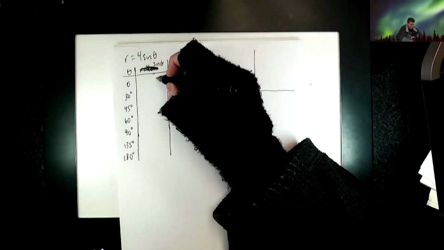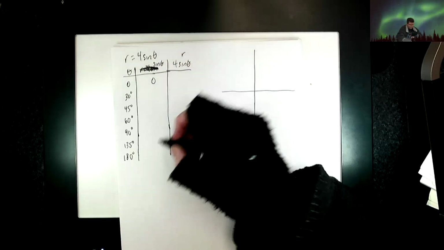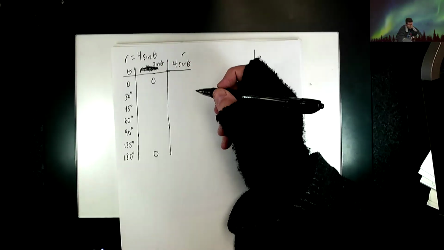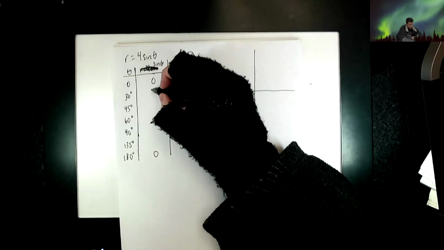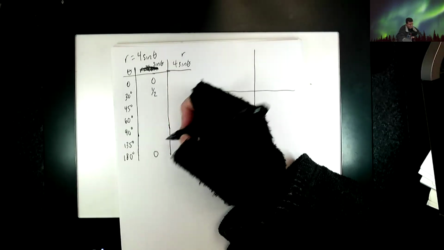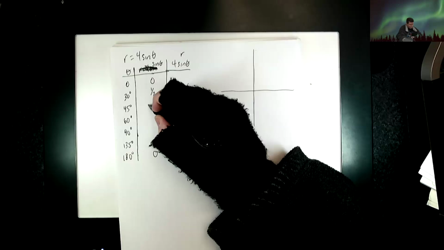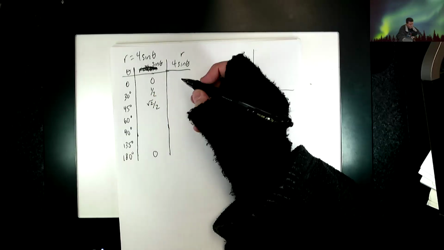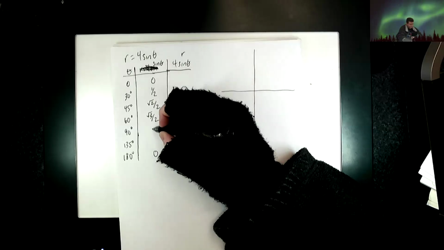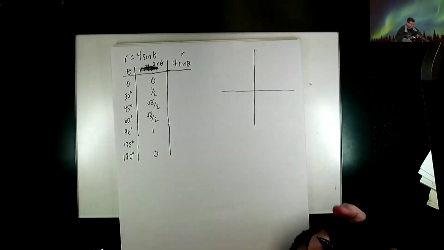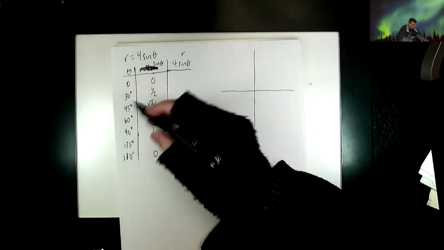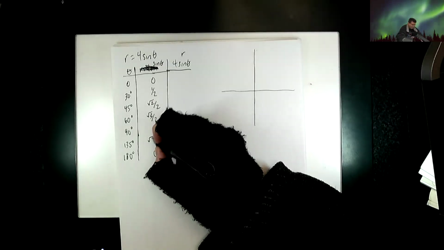So both sine of 0 and sine of 180 are 0. Sine of 30 degrees is 1/2. 45 is root 2 over 2. 60 is root 3 over 2. 90 is 1. 135 is the same as 45, so we got root 2 over 2.